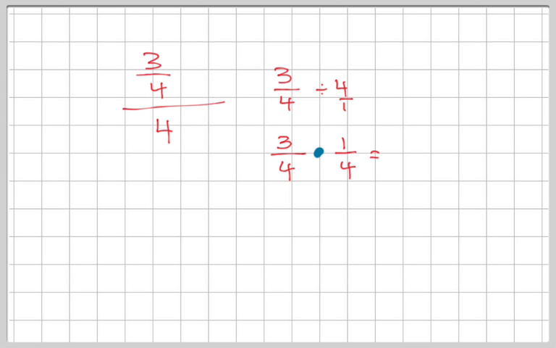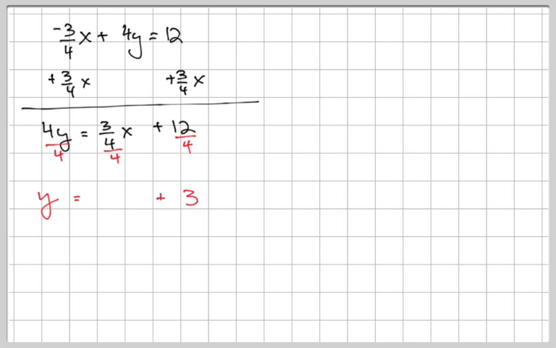And now how do you multiply fractions? Straight across. Numerator times numerator is 3. Denominator times denominator is 16. There is nothing we can reduce, so Hayden was correct. That is 3/16.